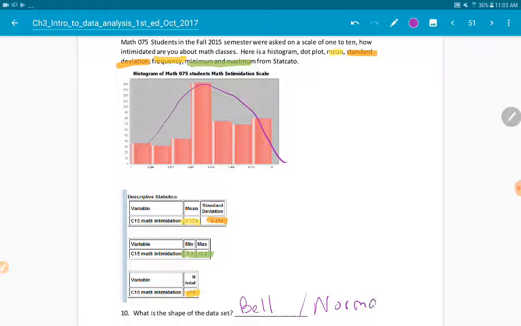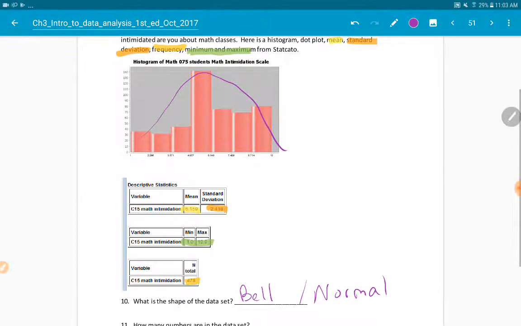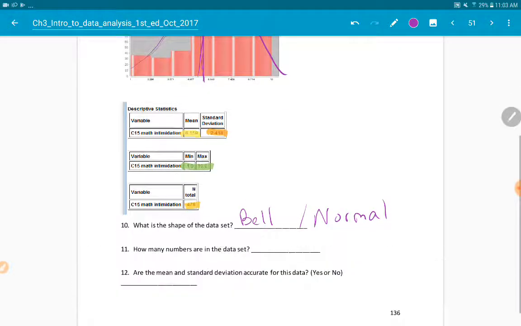Those are the same thing. It may not be a perfect bell, but it does have the highest in the middle, showing that the center and the average of the data are going to be in the middle there, just like a bell shape. And it does go down on the left and down on the right, somewhat symmetrically.